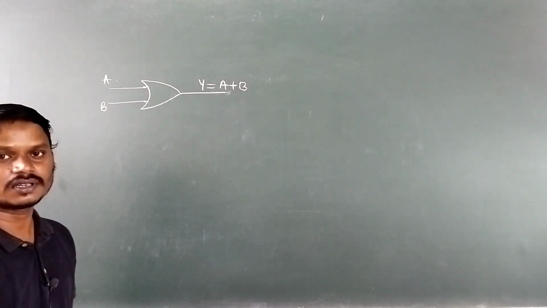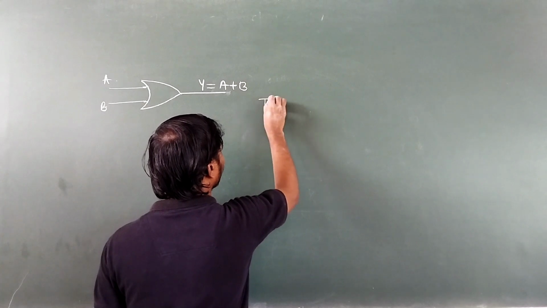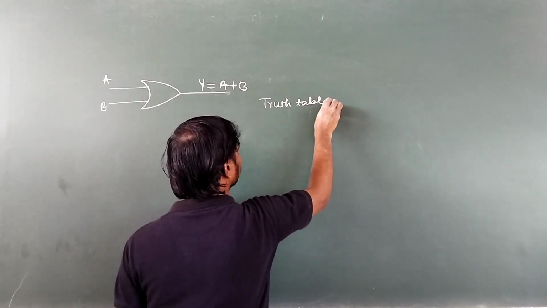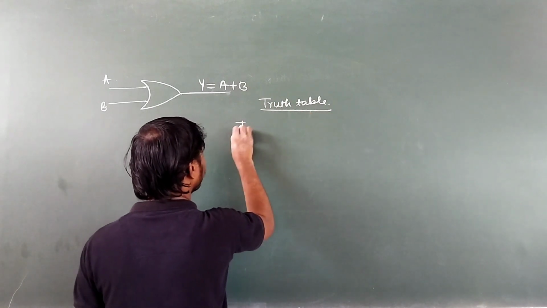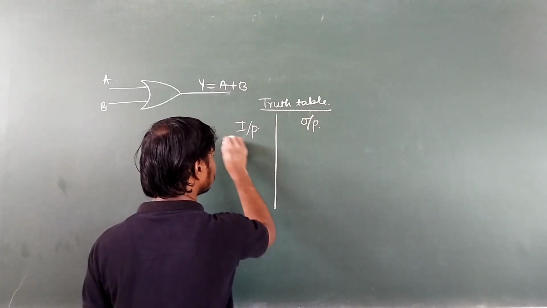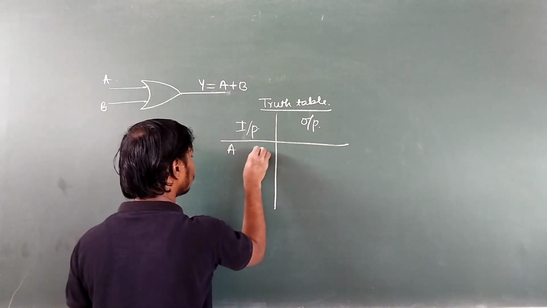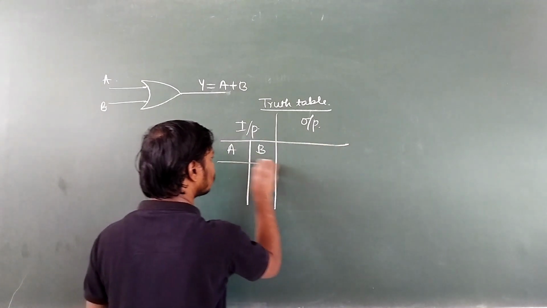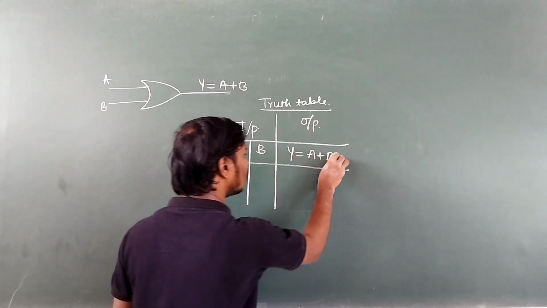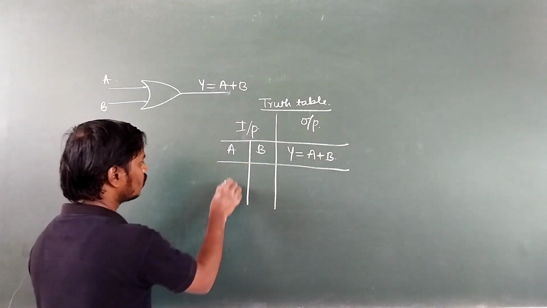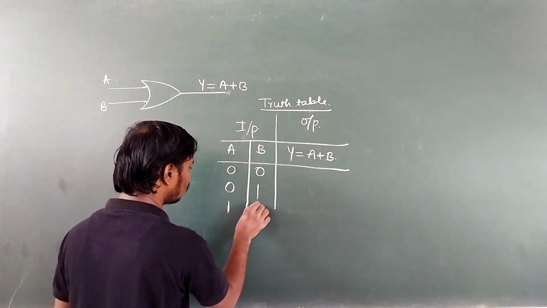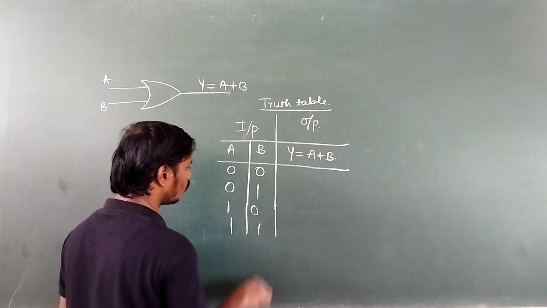Now truth table for OR gate. Again input, output. A, B, and output is A or B. So 0, 0; 0, 1; 1, 0; 1, 1.